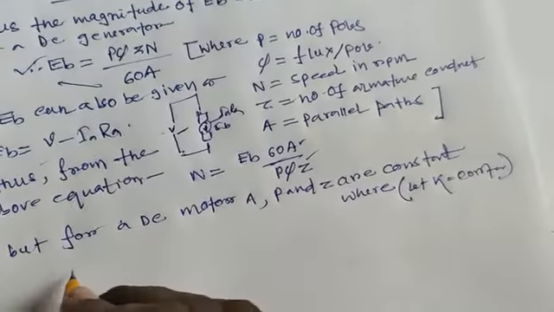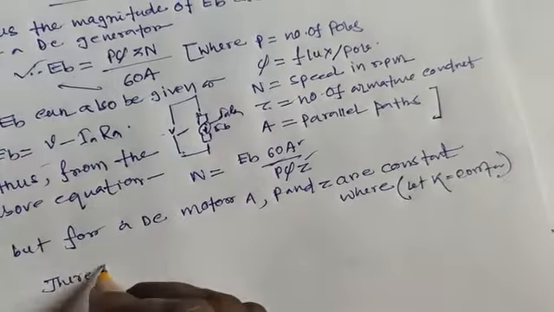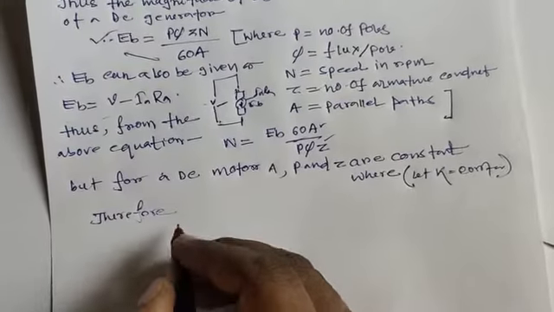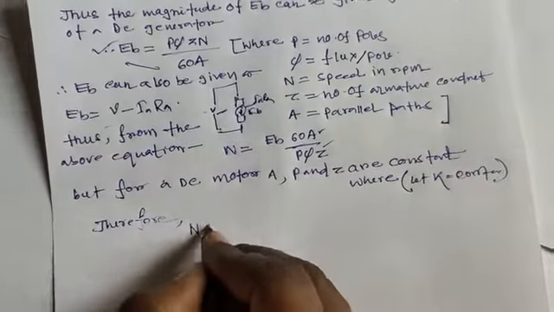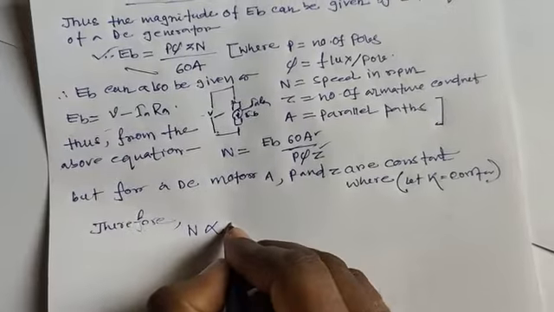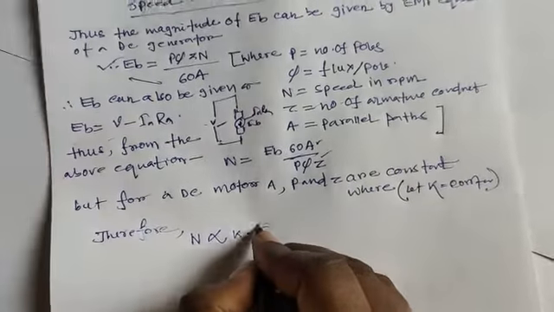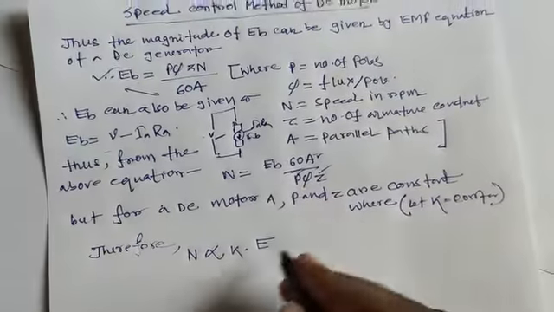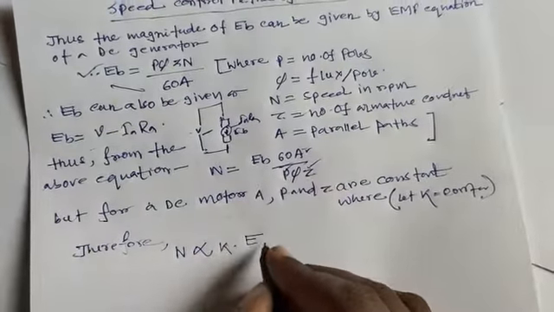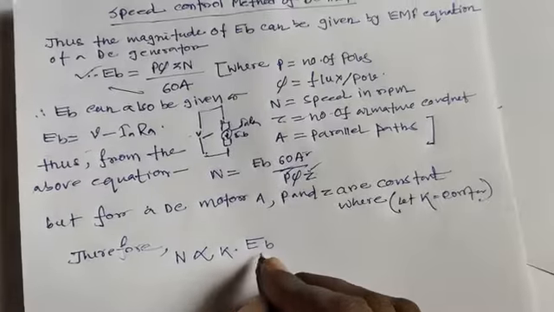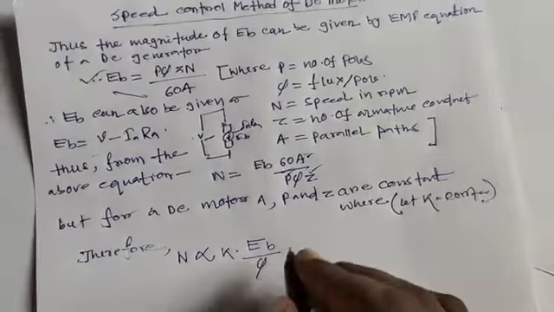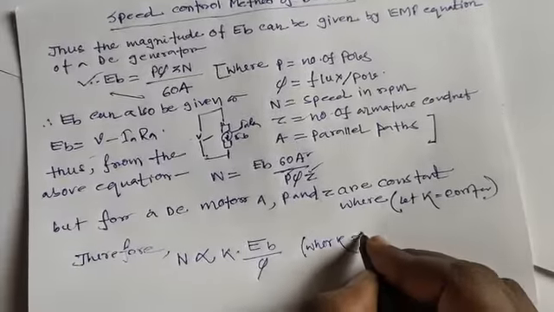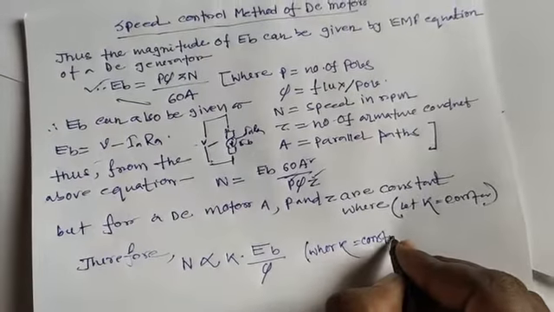Therefore we can get N proportional to K into EB by phi, where K is equal to constant.